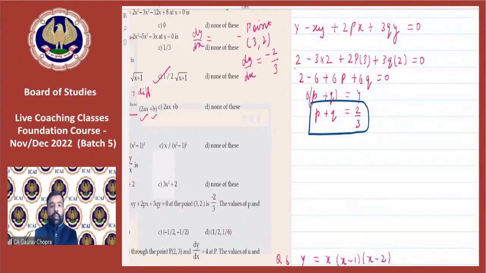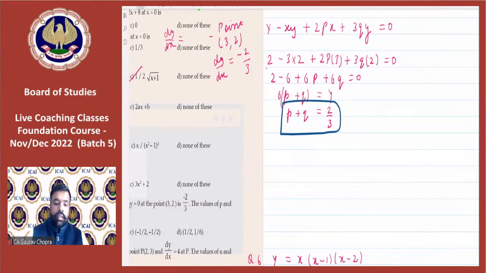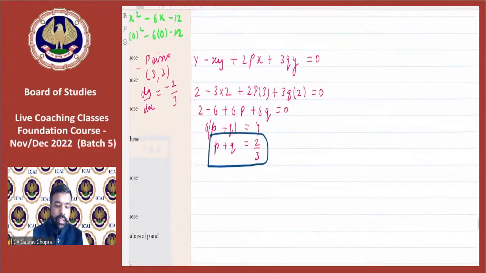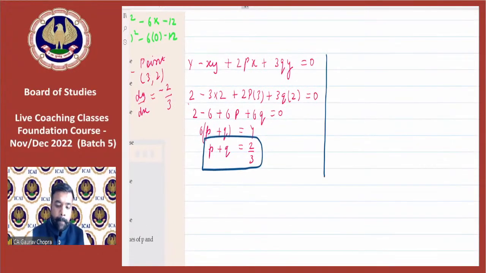This is the first equation. So if we input the value of x and y, we are getting p plus q is equal to 2 by 3. Next, we are given the gradient. So we can differentiate and get the result. So let us start with the differentiation also.